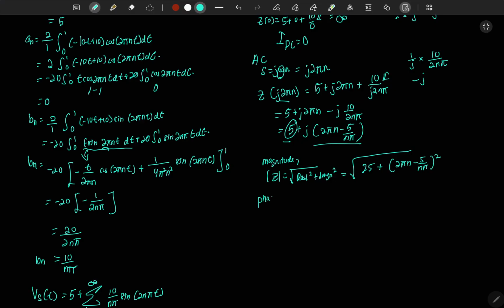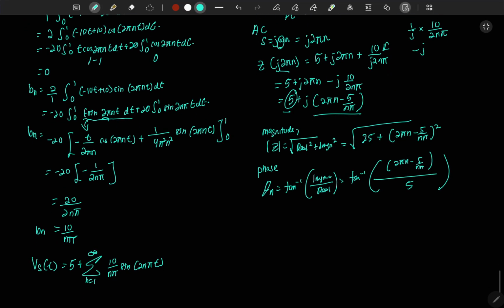Now we're going to find the phase. The phase is equivalent to tangent inverse of imaginary over real. The imaginary part is given as 2 pi n minus 5 over pi, over 5. Okay, we have got our two results.